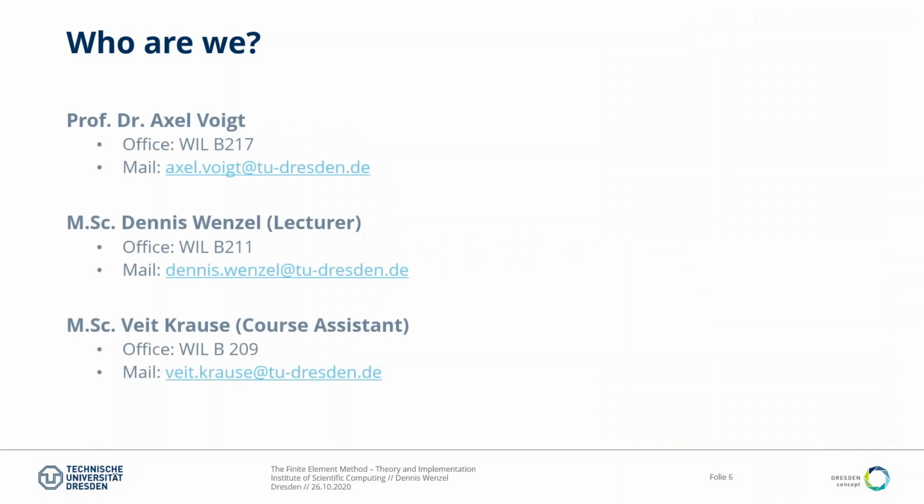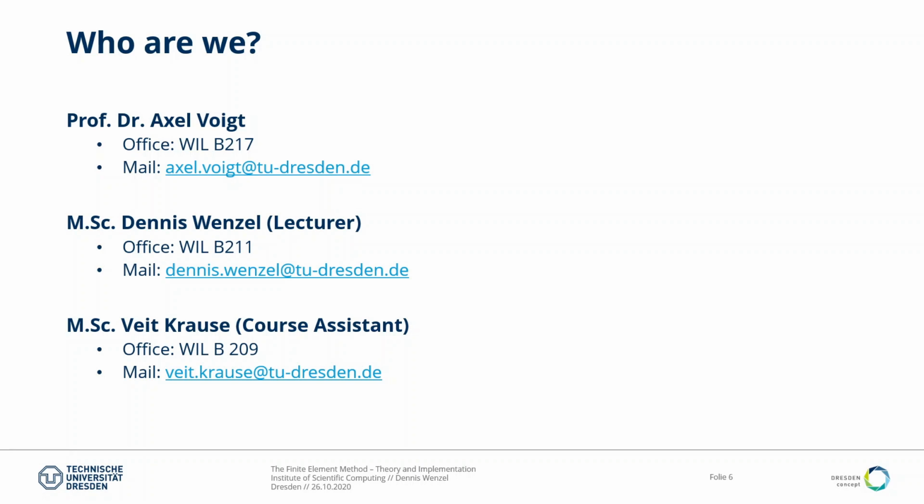More precisely, who are the people that are in charge of this course? The head of the course is Professor Axel Vogt, who is also the head of the institute and the head of the mathematics department. The lectures will be given by me, as you can hear. My office is in the Willersbau on the second floor, B211. So if you have any questions, my door is always open.